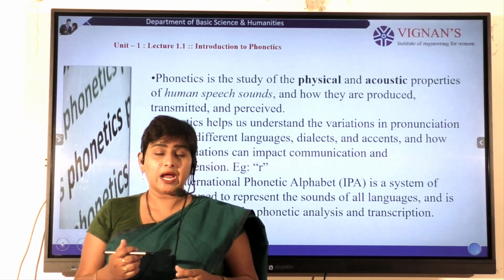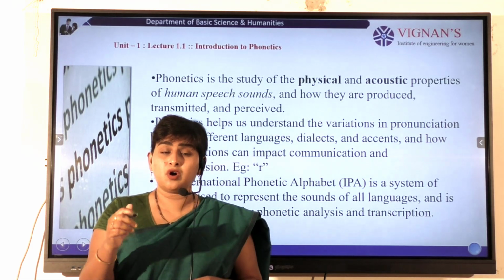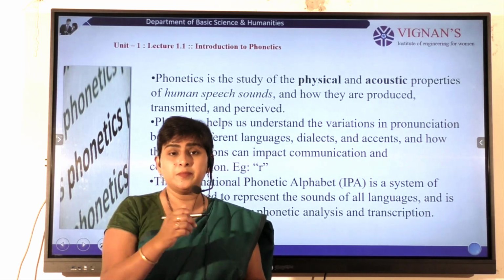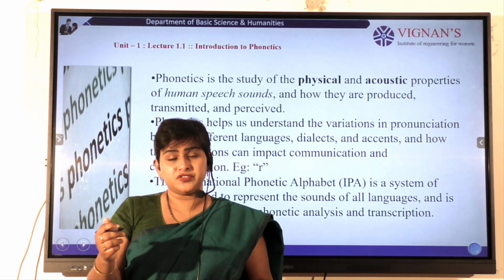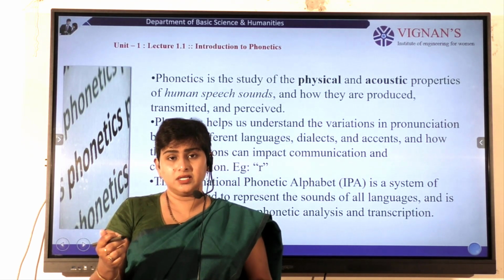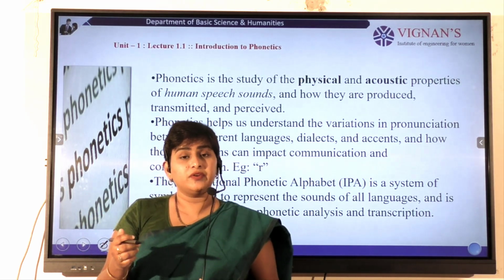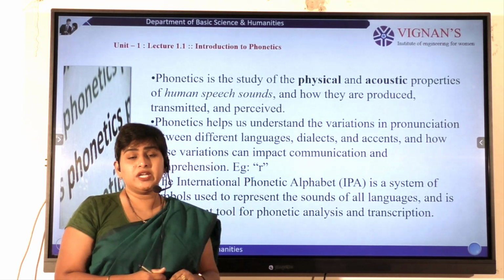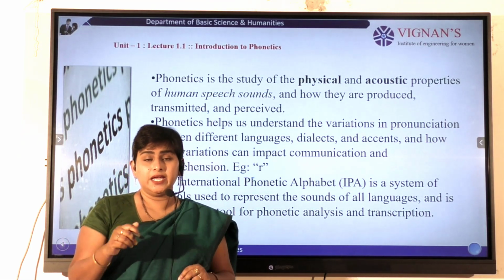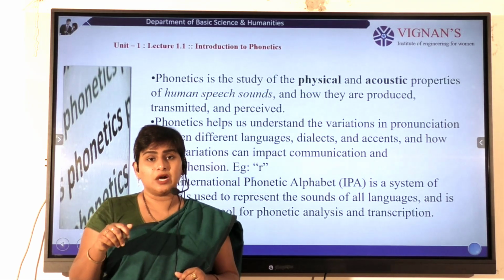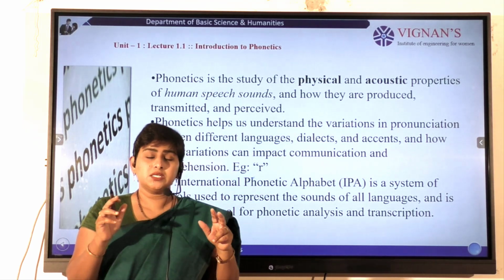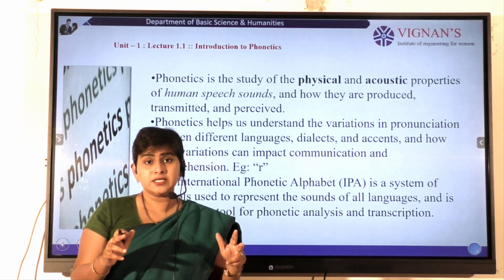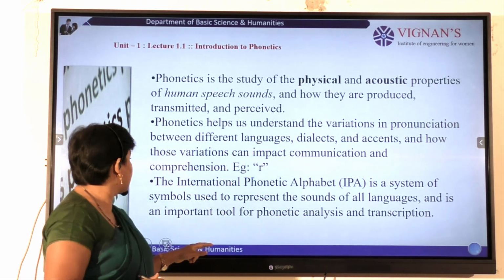In a British accent, we would not stress the R because it is followed by a vowel A. At that point, we would say car in a British accent. However, in an American accent, since we stress R's, the R is prominently sounded there. To avoid this kind of confusion, it is very, very important for us to understand phonetics.